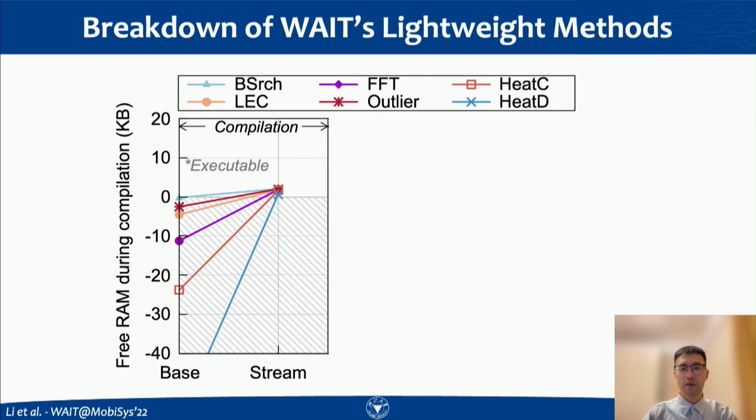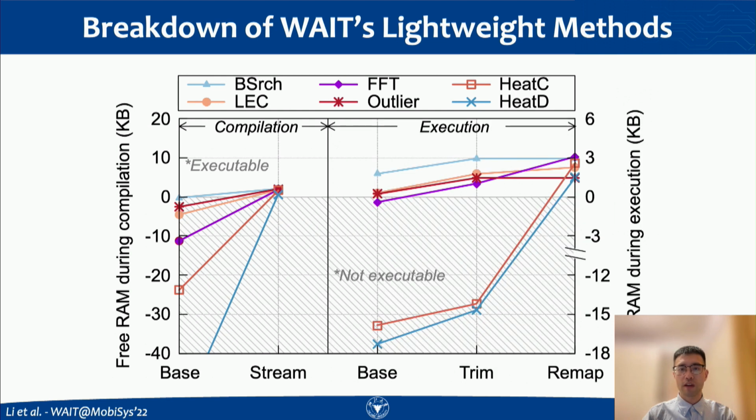To better illustrate how the 3 RAM optimizations of WAIT contribute, we present a detailed breakdown of the compilation and execution stage. First, without stream lookback compilation, all the 6 benchmarks are not executable. Then, during execution, complicated benchmarks are not executable because their RAM requirement is too big, such as heat detection and FFT.